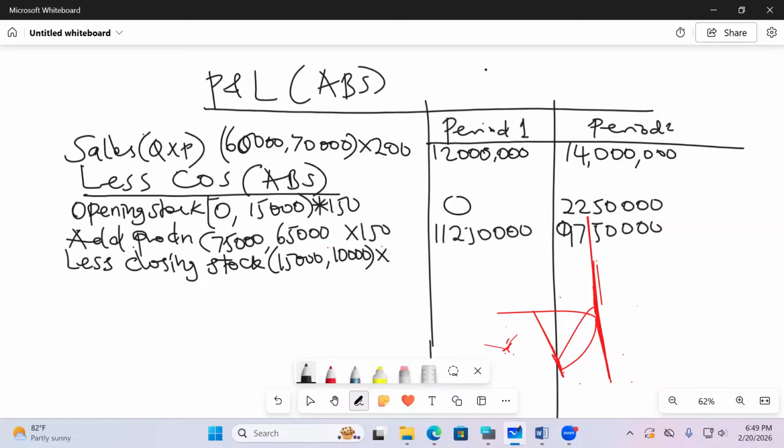So each unit to be valued at 100 and 50, each unit to be valued at 150. So 15,000 times 150 will give me 2,250,000. And then we have 10,000 times 150, which is 1,500,000.